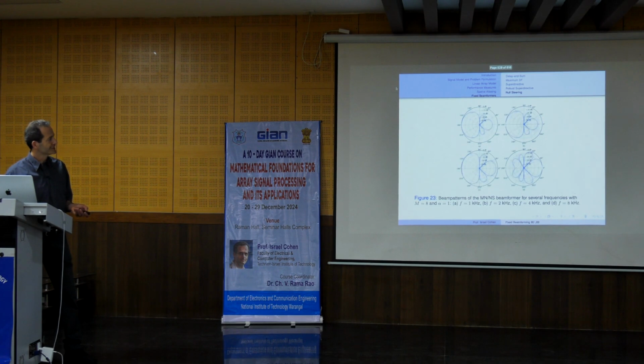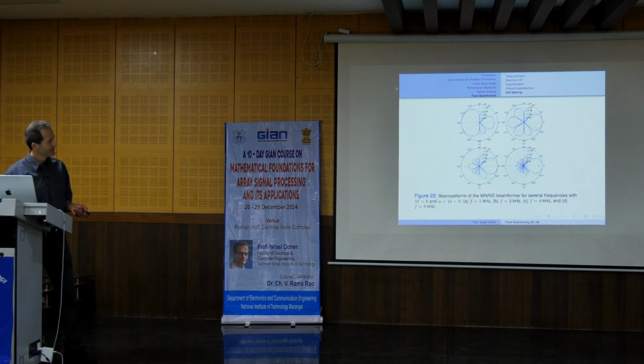This is alpha 10 to the power minus 5, very small alpha. This is 10 to the power minus 3. So we just increased the width of the main beam, which decreases the directivity factor.